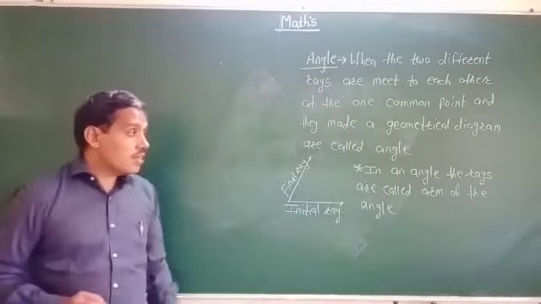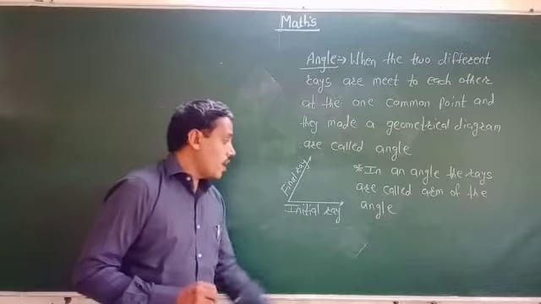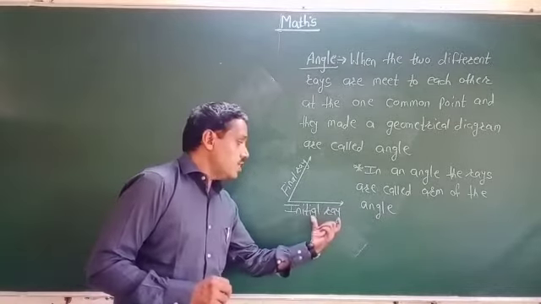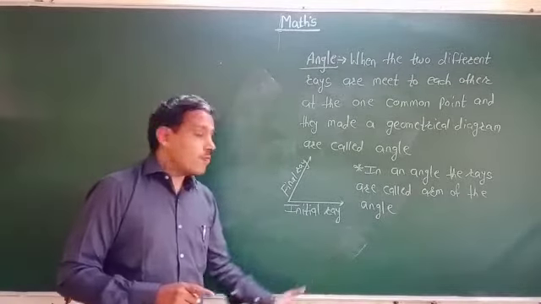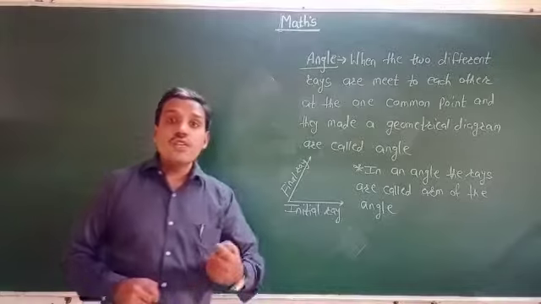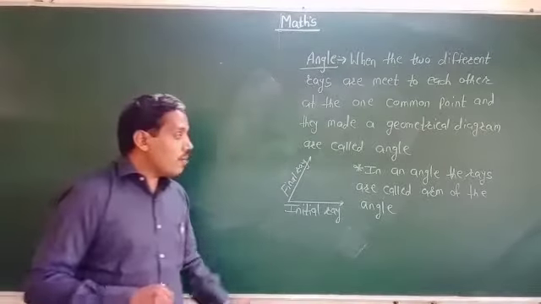In an angle the rays are called arms of the angle. We can say it is the initial ray or initial arm, it is the final ray or the final arm. So how can we say about it?